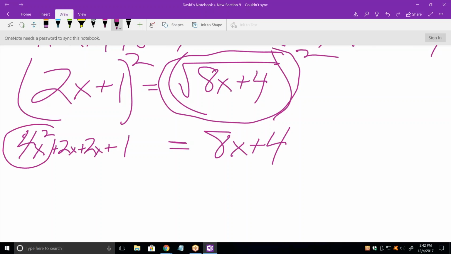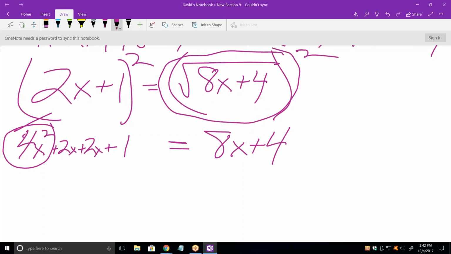We have an x squared term, we got a bunch of x terms, and we got a constant. That's a quadratic. We're going to put everything on one side and try to factor it if we can. So let's put everything on the left side, because the left side already has a positive coefficient for x squared.